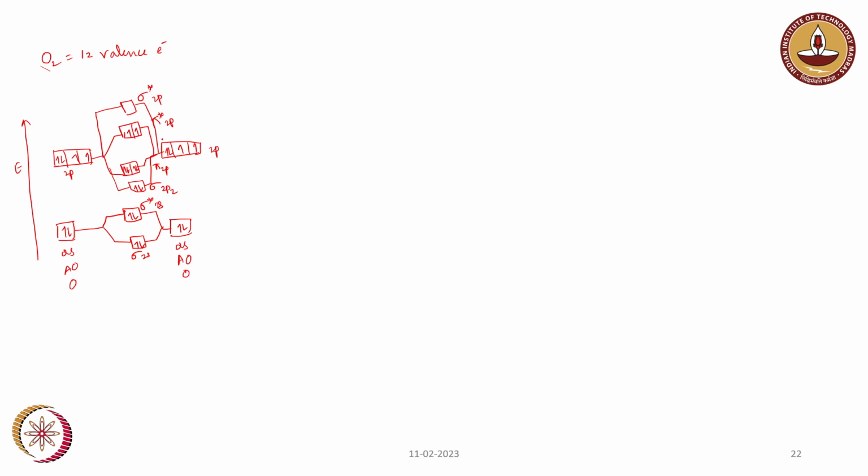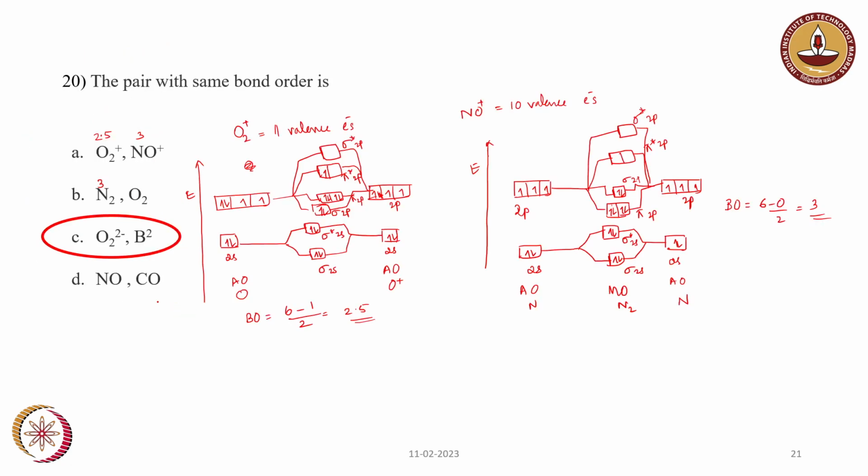So in O2, the bond order will be, these two will be cancelled out. In bonding orbitals there are 6 electrons, and in antibonding, 2 electrons are present. So 6 minus 2 is 4, by 2 is 2. So the bond order is 2.